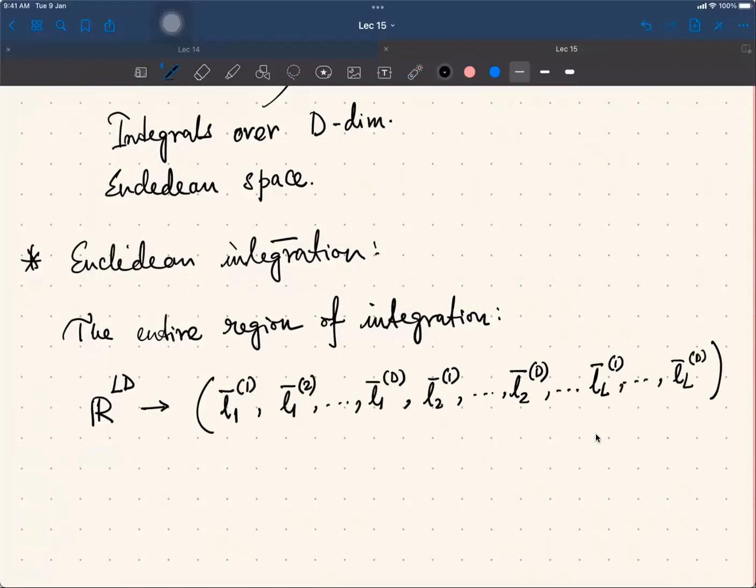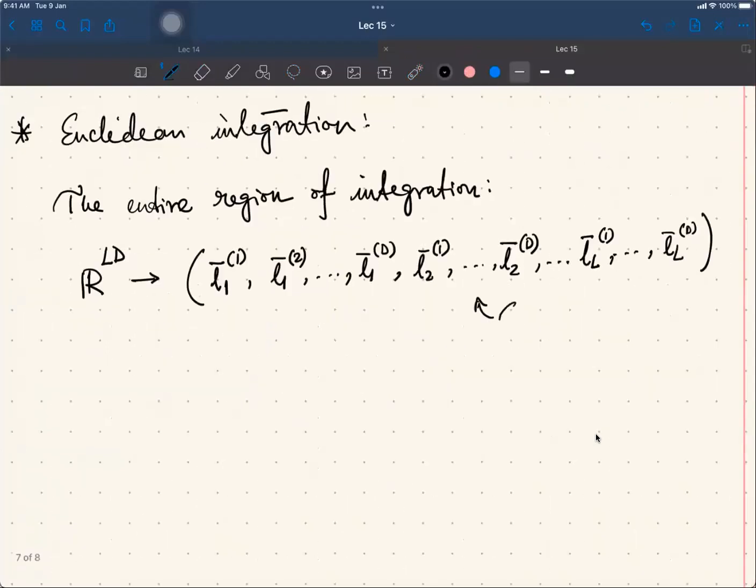So these are the Cartesian coordinates of this LD dimensional Euclidean space, and there you can now consider a spherical polar coordinate.